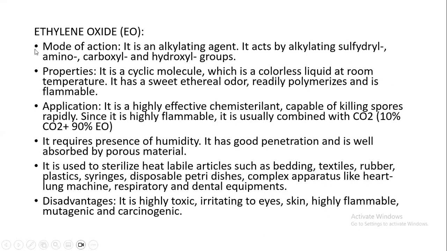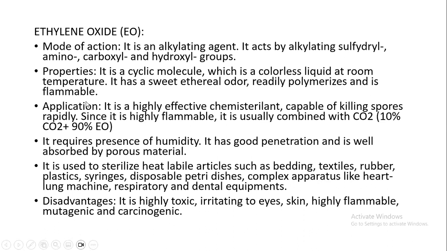Ethylene oxide is an alkylating agent. It functions by alkylating sulfhydryl, amino, carboxyl and hydroxyl groups. It is a cyclic molecule which is a colorless liquid at room temperature. It has a small ether-like odor, readily polymerizes, and is flammable.